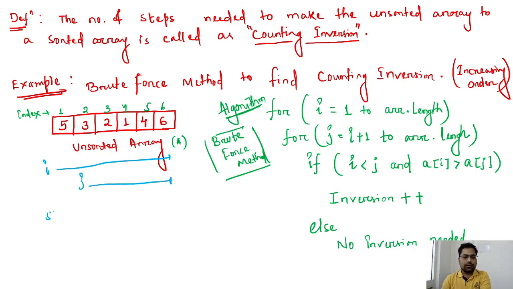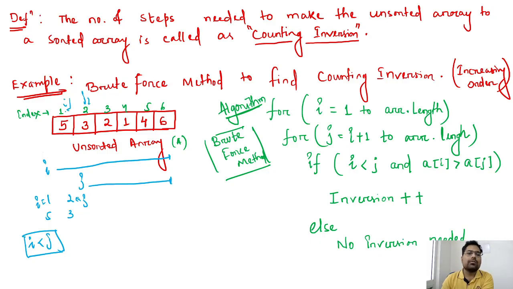If this happens, then only can we consider inversions. Here j is 2 and i is 1.